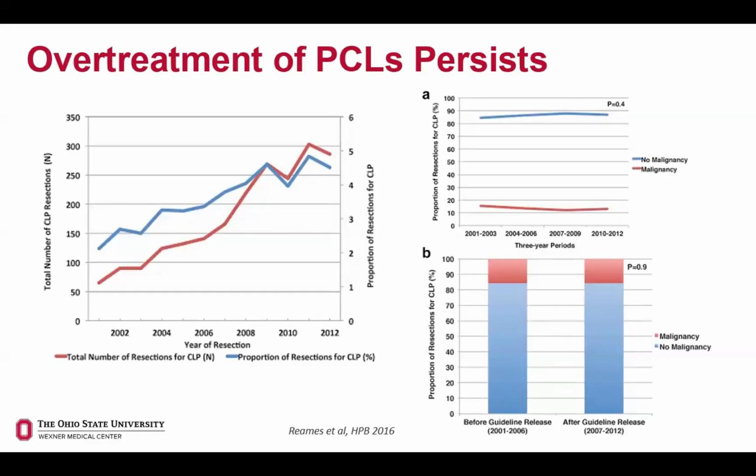So this is a paper, it's a little bit out of date now, that showed that the proportion of pancreatic cystic lesions with benign pathology has remained stable between 2002 to 2012, despite advances in endoscopic technology, despite evolving guidelines to try to limit and be more selective in surgery.